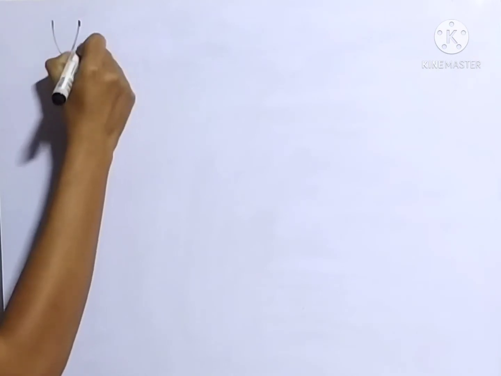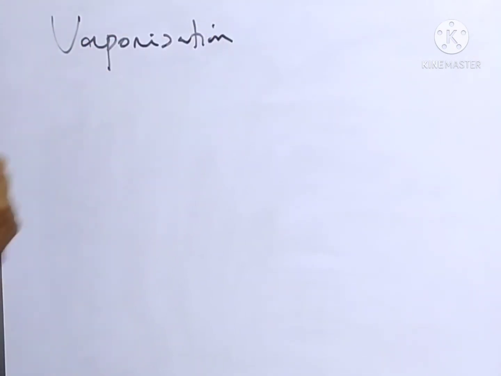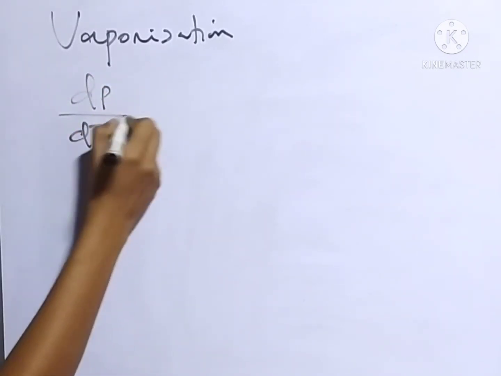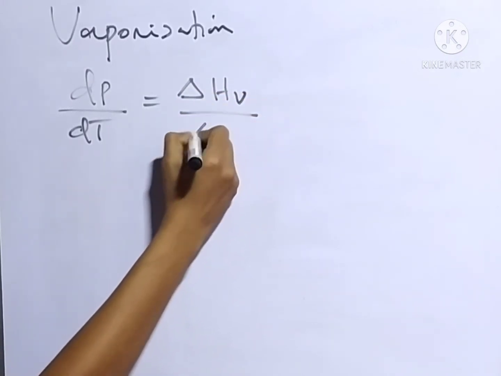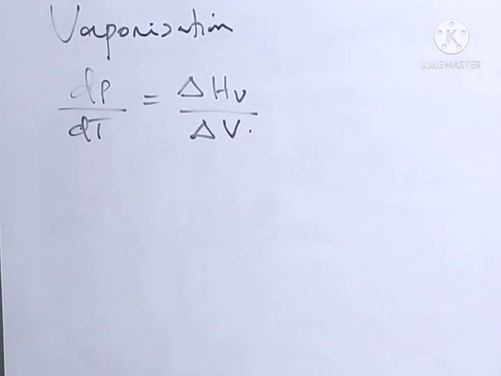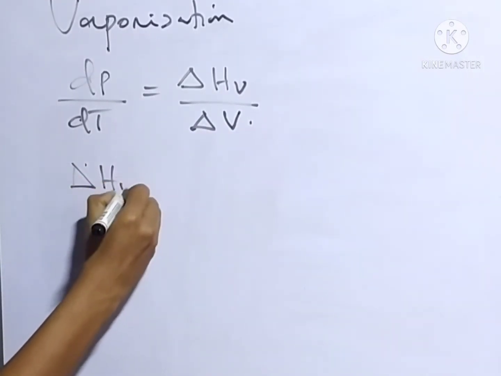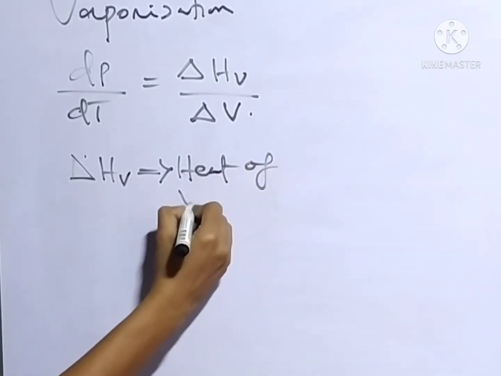If we talk about vaporization specifically, the Clapeyron equation for vaporization is dP divided by dT equals delta Hv divided by T delta V. Here delta Hv is the heat of vaporization.